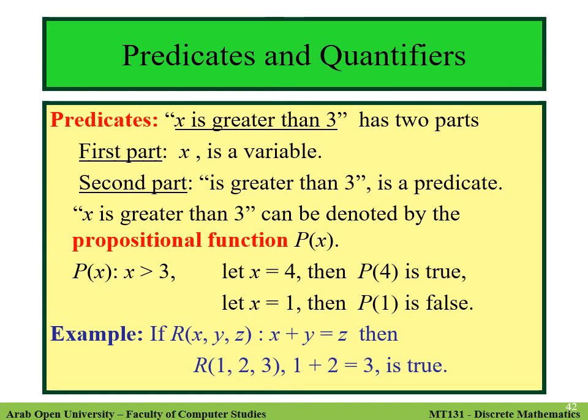For example, R of 1, 2, 3, that means you must replace x by 1, y by 2, and z by 3. The statement becomes 1 plus 2 is equal to 3. And that is a true statement.